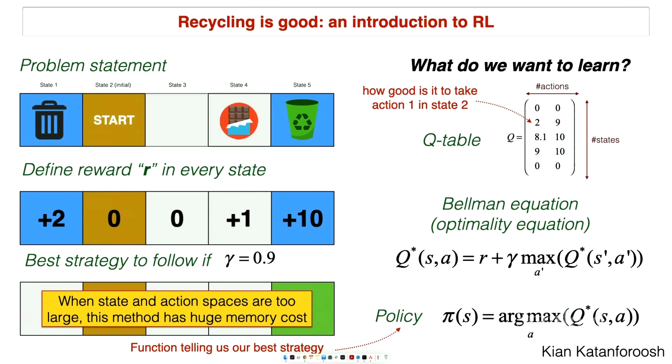Imagine using this algorithm for the game of Go, where there's so many states, there's so many possible actions, you can put your stone anywhere on the board. You can imagine how big this matrix becomes and how impossible it is to use. So that's our problem, and that's the moment where deep learning comes into play. So let's look at it.